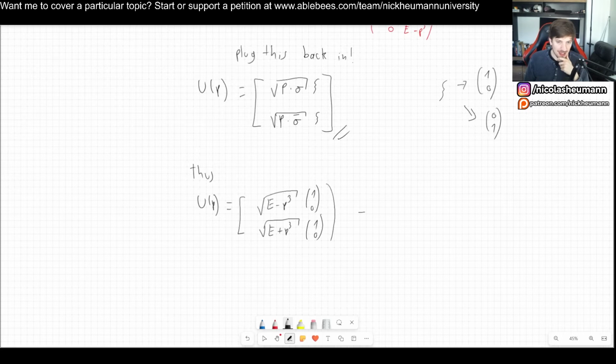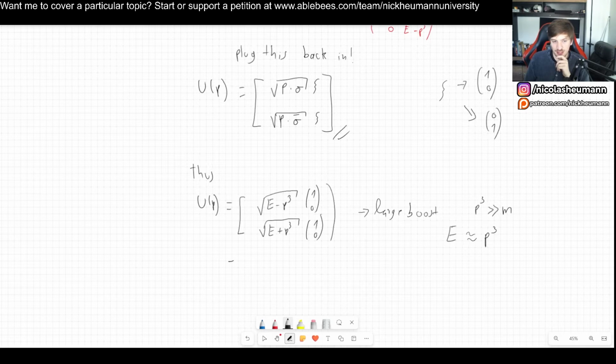And now we can apply a large boost to it. By large boost, what we mean is that our momentum is going to be way, way larger than our mass, so than the rest energy of our particle. So for that reason, the energy is basically going to be purely because of the momentum.